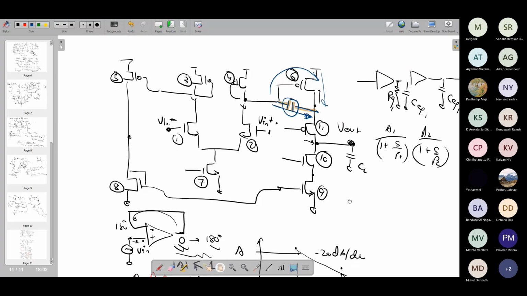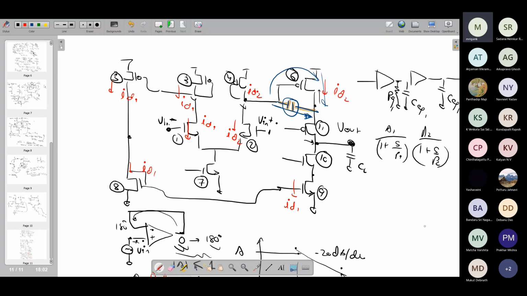If I use a red pen, you have gm VGS created by this, so you have small ID1 produced by this one. The same ID1 comes here. And this also has ID2 because of VGS2, and that ID2 is mirrored into this one, and finally comes to the output. So both ID2 and ID1.